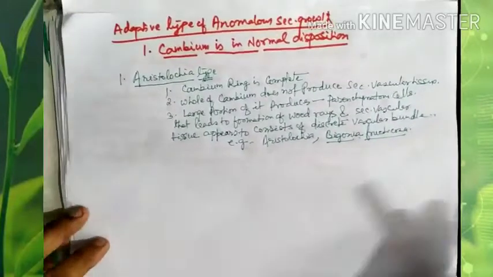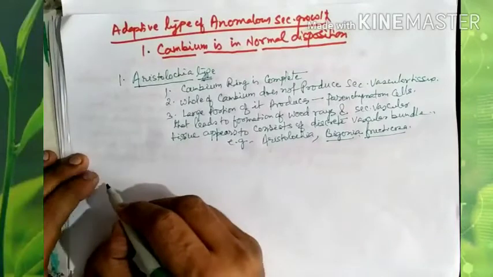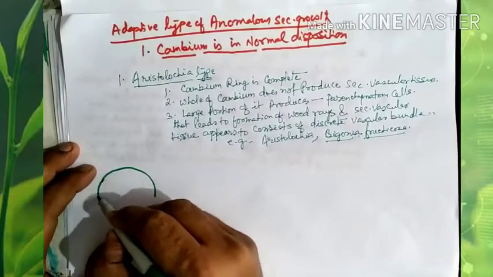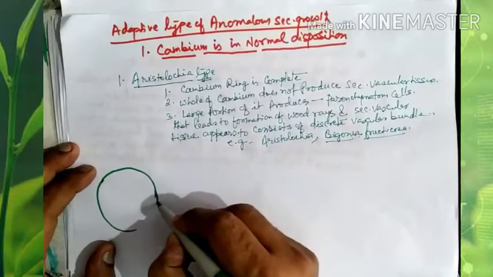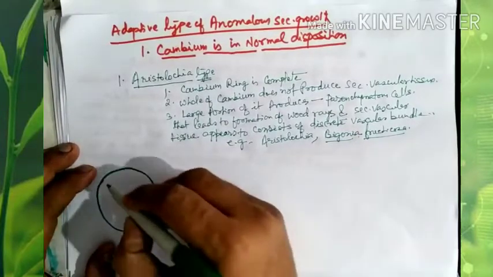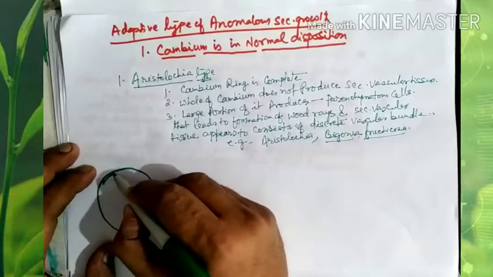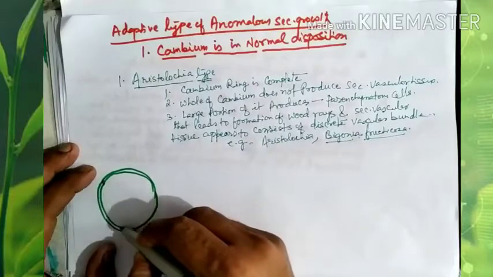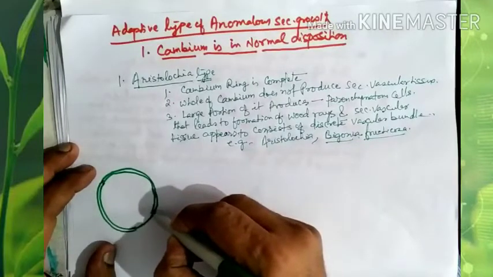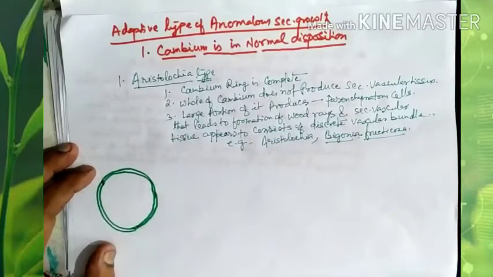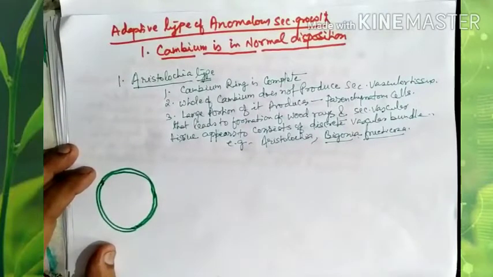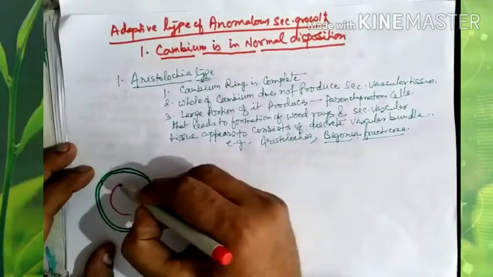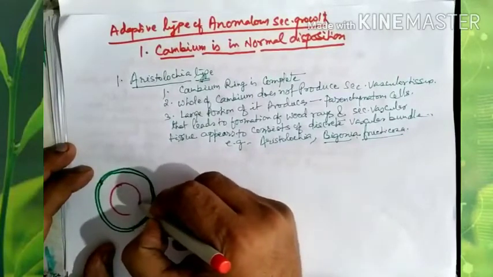First of all, it is normal. This is the endodermis. Here is the pericycle, and this is the cambial ring formed.